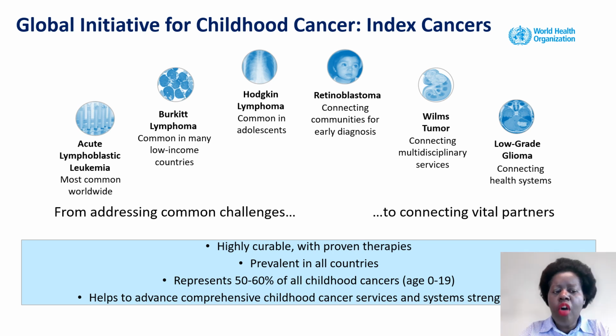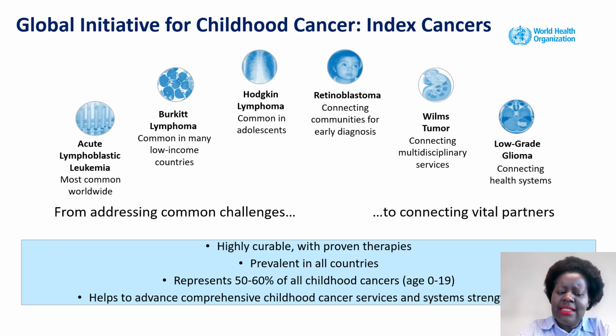Burkitt's lymphoma is common in many low-income countries like our region. Hodgkin's lymphoma is common in adolescents. Retinoblastoma connects communities and offers the possibility of early diagnosis. Wilms tumor brings the multidisciplinary services that we need. And then the systems are connected by low-grade glioma.